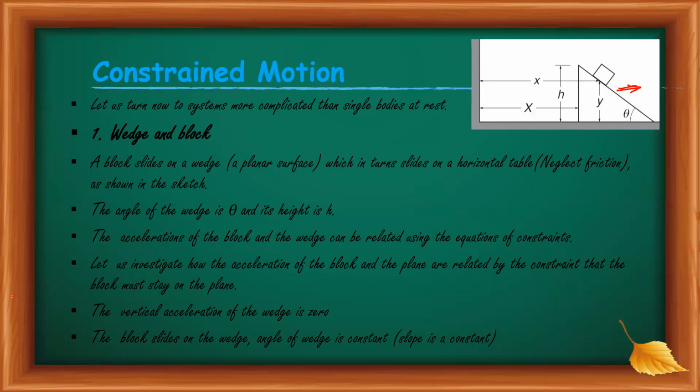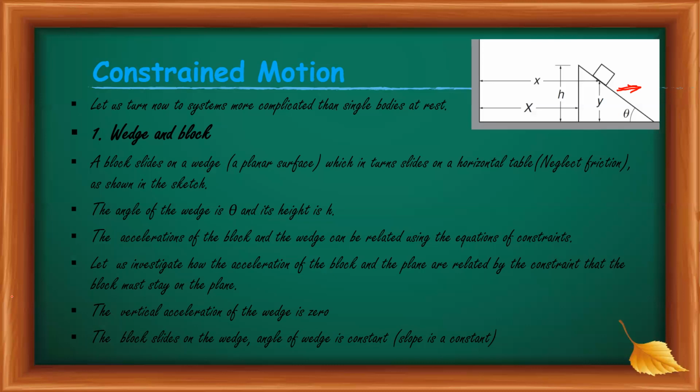And here the constraint is that the angle of the wedge is a constant, or the slope is a constant, throughout the motion. We assumed that the block slides on the wedge and the angle of the wedge is constant.